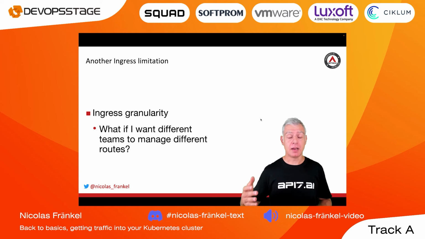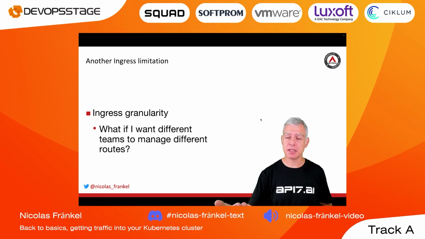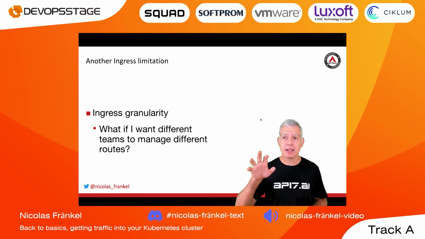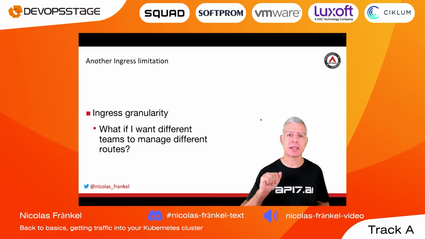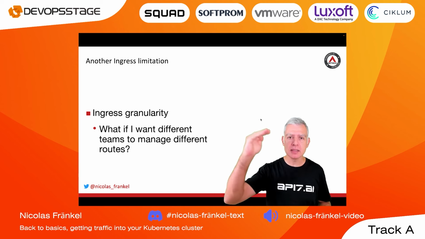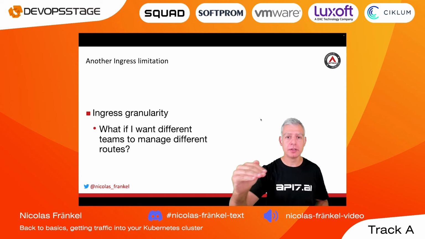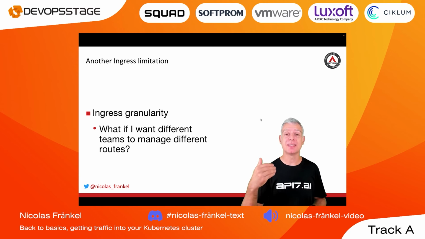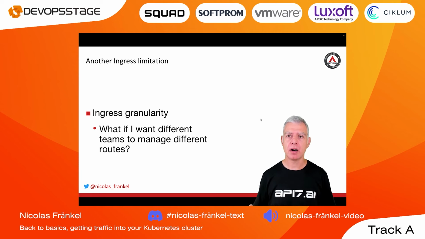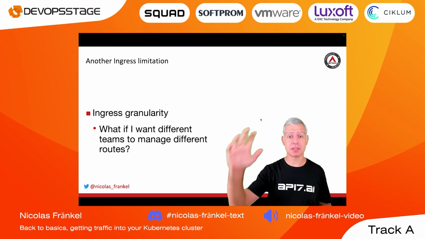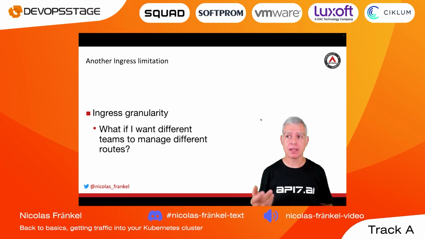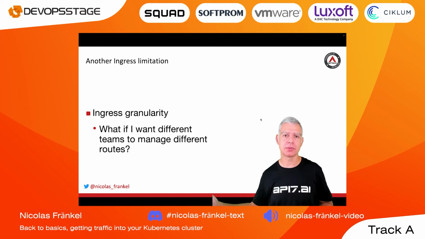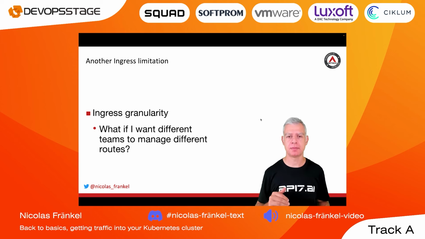Finally, the last limitation is that if you use the Ingress object directly, I need to configure everything under the Ingress object. Meaning that if we have different teams working on the same Kubernetes cluster, then at some point they will need to write on the same manifest.